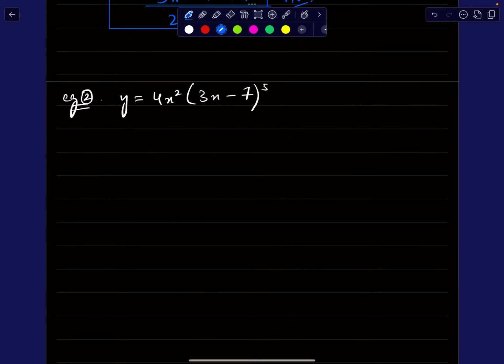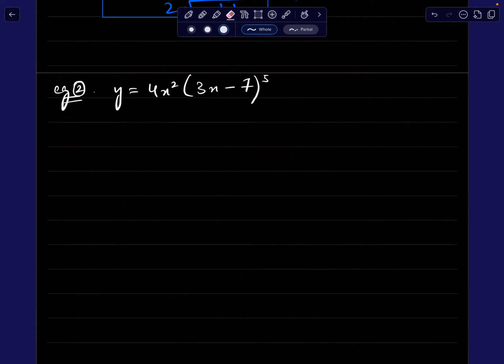Moving on, again we have noticed that we have two expressions being multiplied and they cannot be expressed conveniently as a single expression. So 4x squared is u and our v is 3x minus 7 to the whole power 5, mind you.